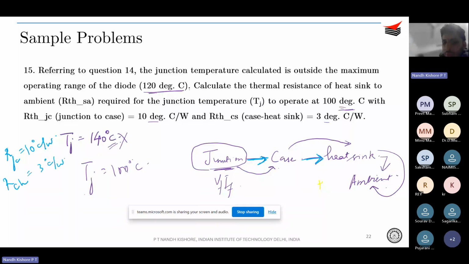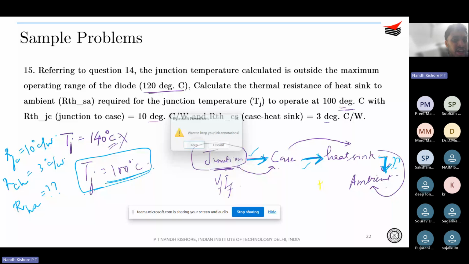They are asking what should be heat sink to ambient. What should be the heat sink to ambient so that your Tj remains 100 degrees? Okay, understood the question? Junction to case is given, case to heat sink is also given. What should be heat sink to ambient so that for the given power loss, my Tj doesn't exceed 100 degrees.